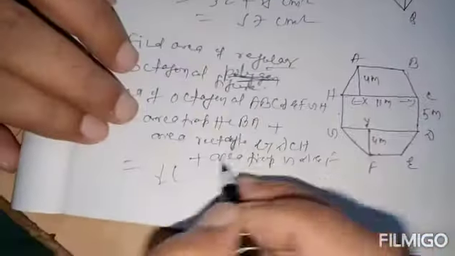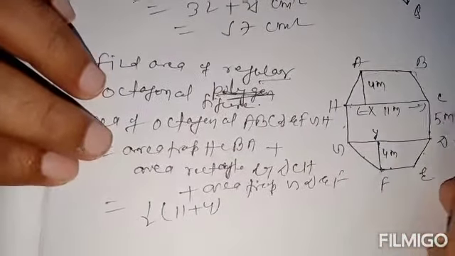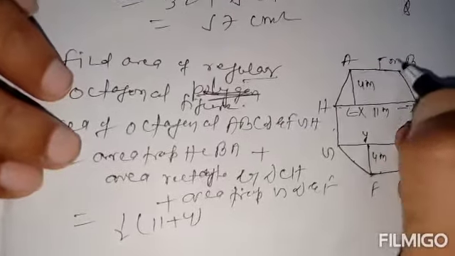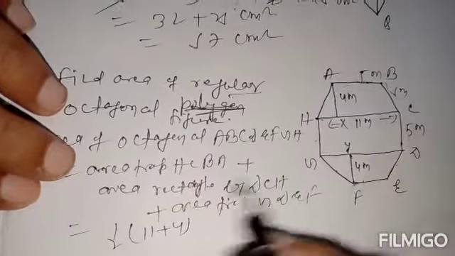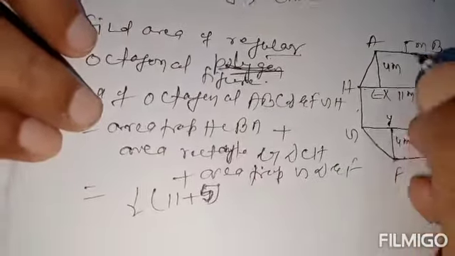So this is equal to half into sum of parallel sides, means 11 plus 5, into height 4, because these two sides are parallel, plus area of rectangle.